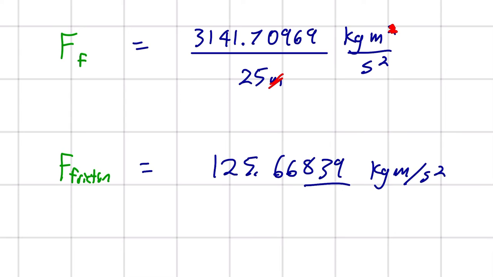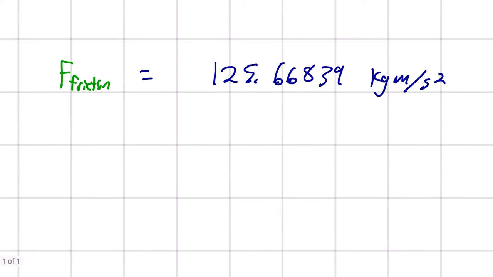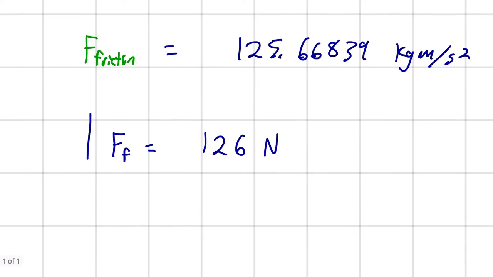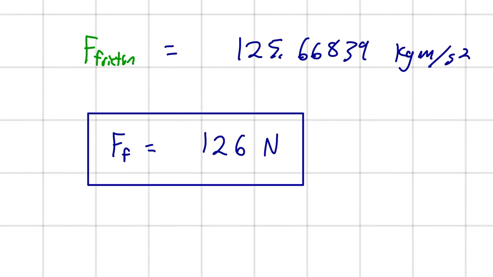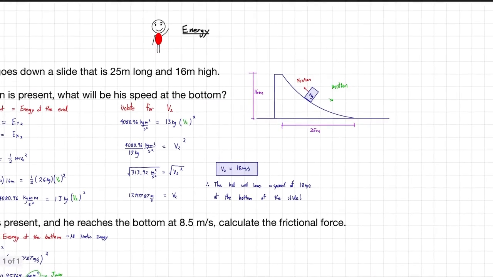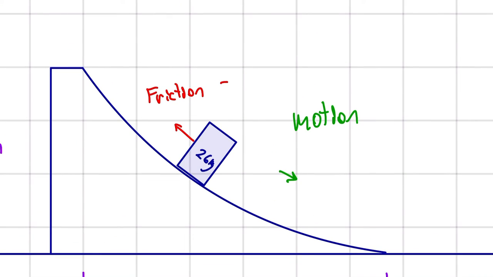There could be some rounding errors, but what matters is really the first three digits, because we're going to have our answer in three significant digits. So the force of friction is equal to 126 newtons, because we're going to round up this 5 because of the 6.